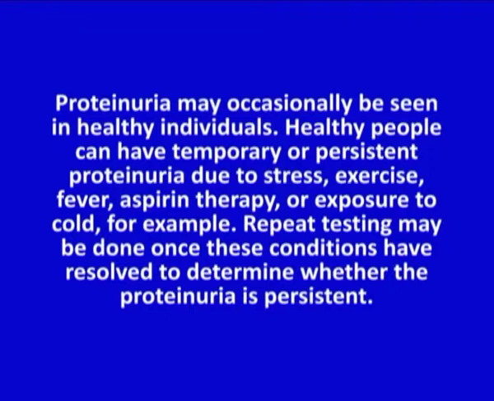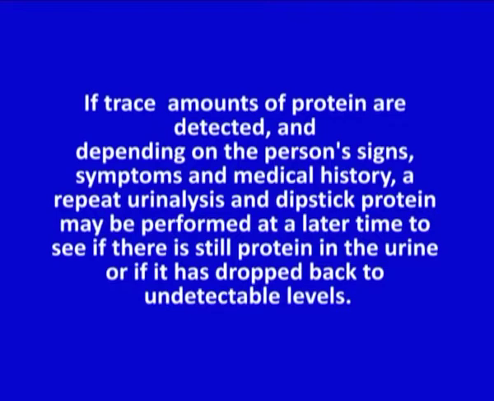For example, repeat testing may be done once these conditions have resolved to determine whether proteinuria is persistent. If trace amounts of protein are detected, and depending on the person's signs, symptoms, and medical history, a repeat urinalysis and dipstick protein may be performed at a later time to see if there is still protein in the urine or if it has dropped back to undetectable levels.